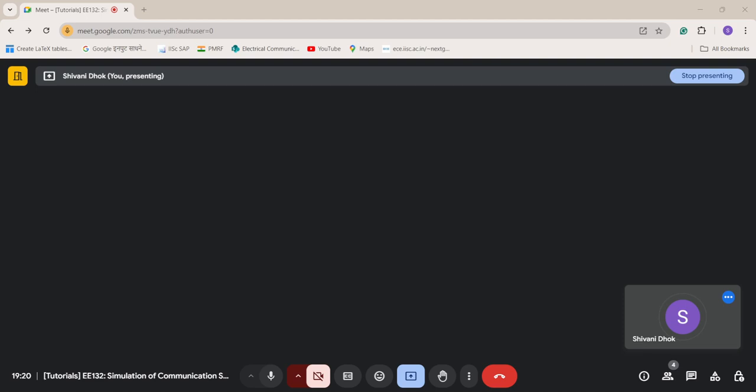This was 1 by 2 sigma square multiplied by e power minus b divided by 2 sigma square.